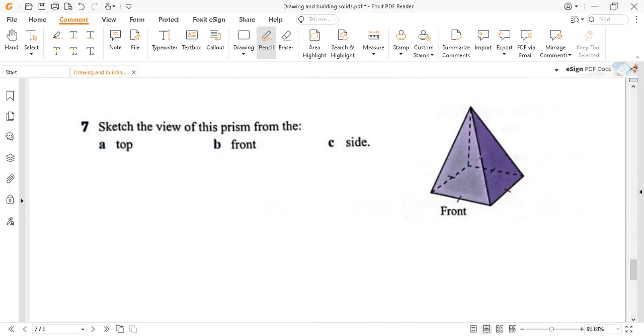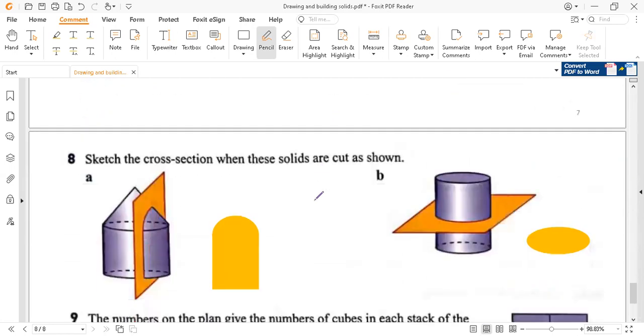From the top, I can see only the bottom, which is not a rectangle but in fact a square, because all the sides are equal. From the front, I can see only this triangle. And from this side, I can see only this triangle. So it is easy. It needs a little imagination.